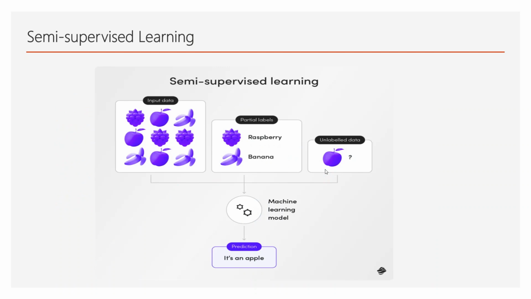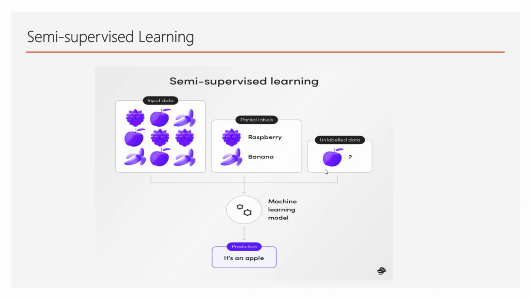Now, since you have learned about deep learning, let us understand what is semi-supervised learning. A deep learning model is trained on a small amount of labeled data, just look at the picture, and a large amount of unlabeled data.